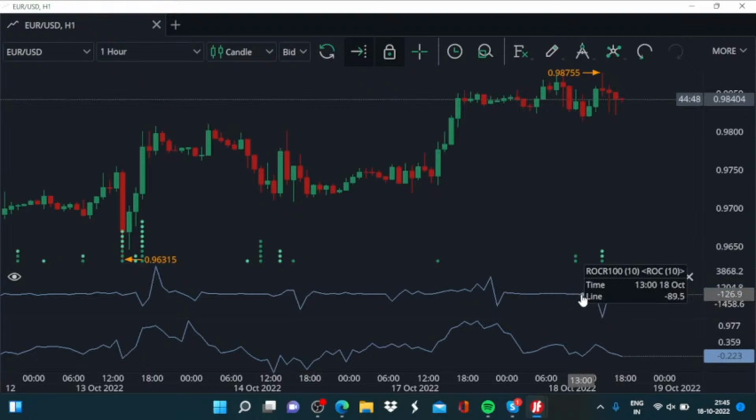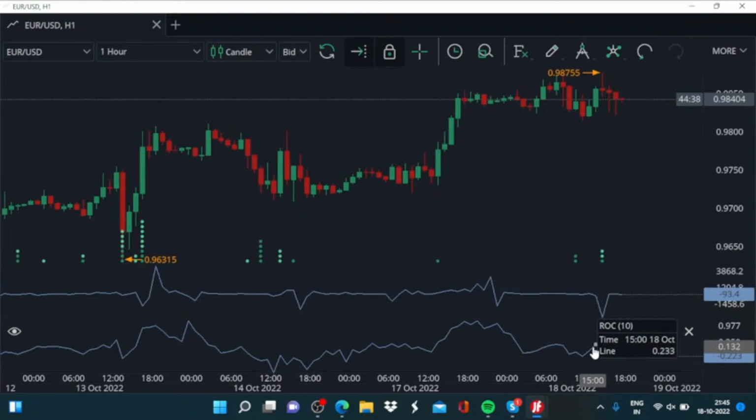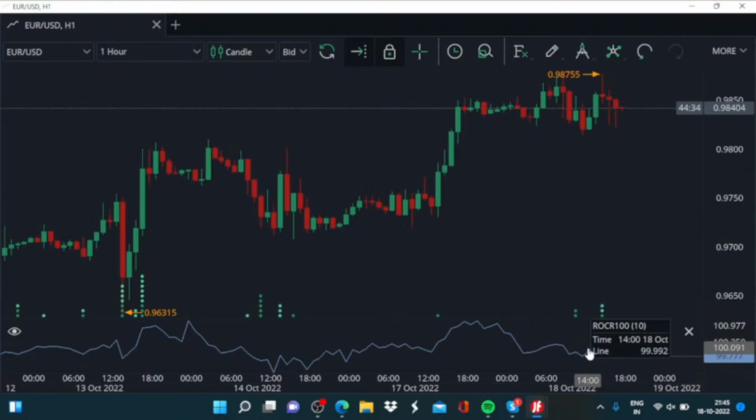Now this output has dropped significantly to minus 3,900 from being closer to 100, and that is happening simply because we have this ROC as the input parameter.